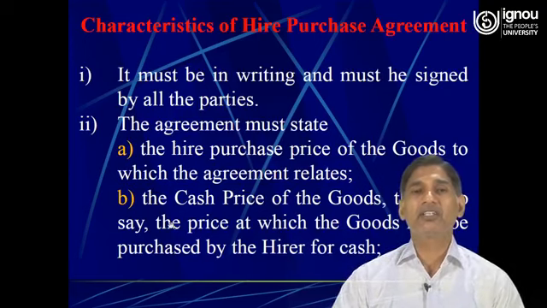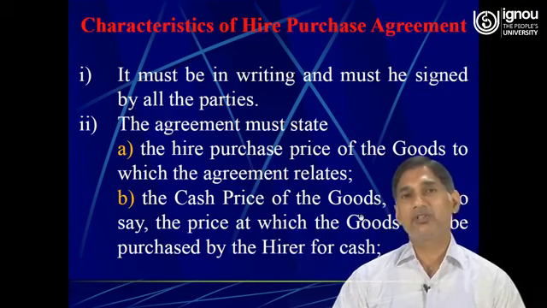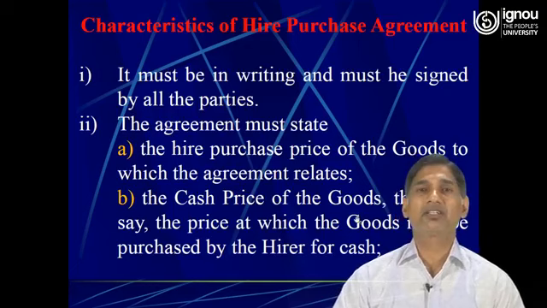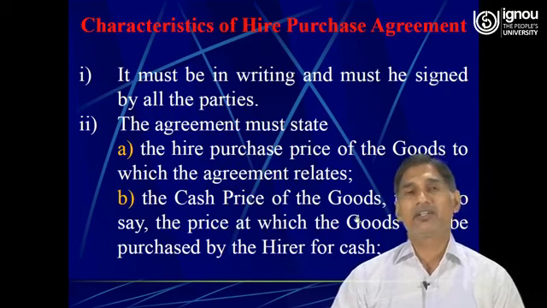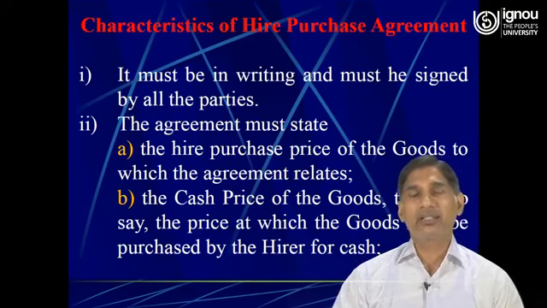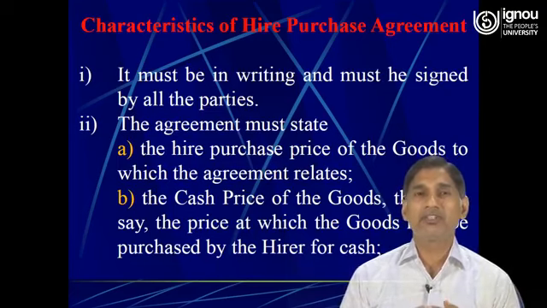Then the next one is the cash price of the goods. The cash price of the goods must also be mentioned, because when we know the cash price of the article and the hire purchase price of the article, the difference between these two is known as the interest part.